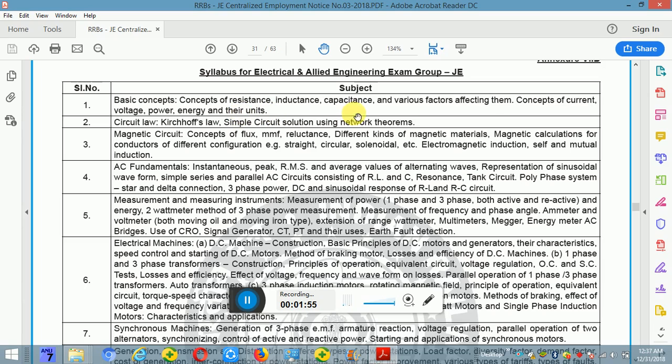Capacitance, inductance, resistance are the properties of resistors, inductors and capacitors respectively, and the concept of current, and what is current and voltage and power and energy, and the units regarding them.